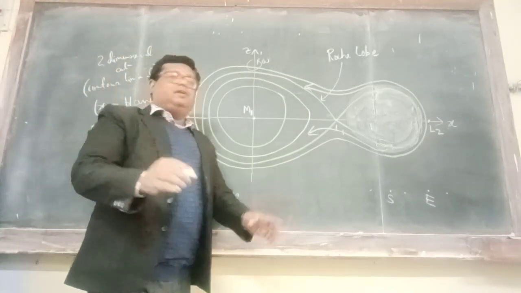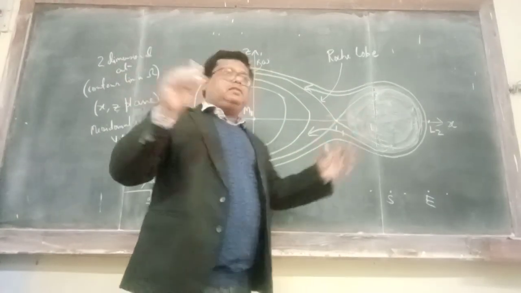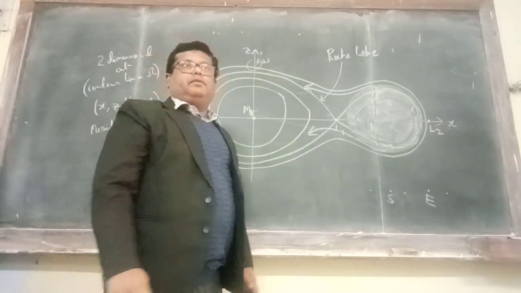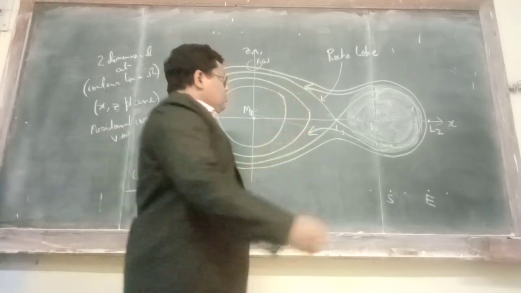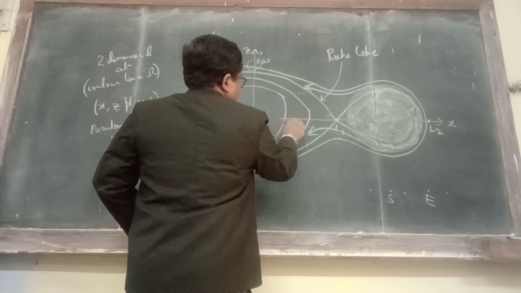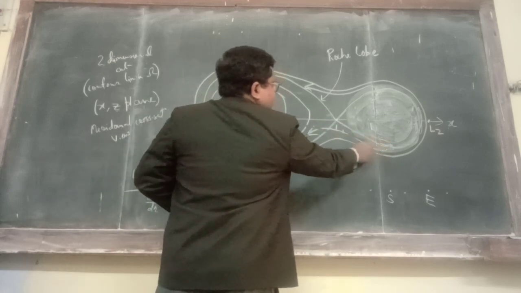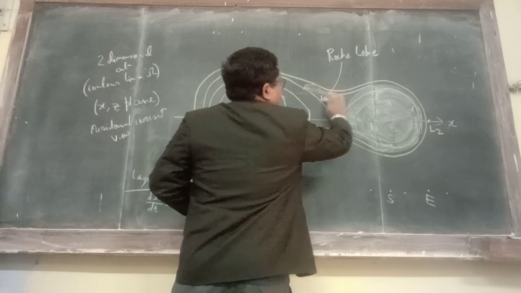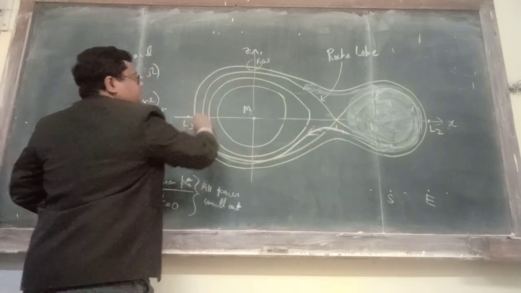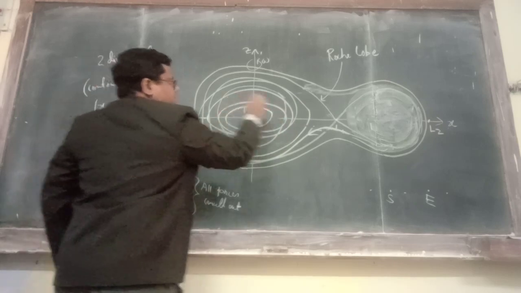But keep this in mind that this entire system is rotating. Had it been fixed, then it would just come over here, shoot. But it will not happen because this entire system is rotating. So what will happen is that the whole thing will come over here and it will rotate slowly around the mass.